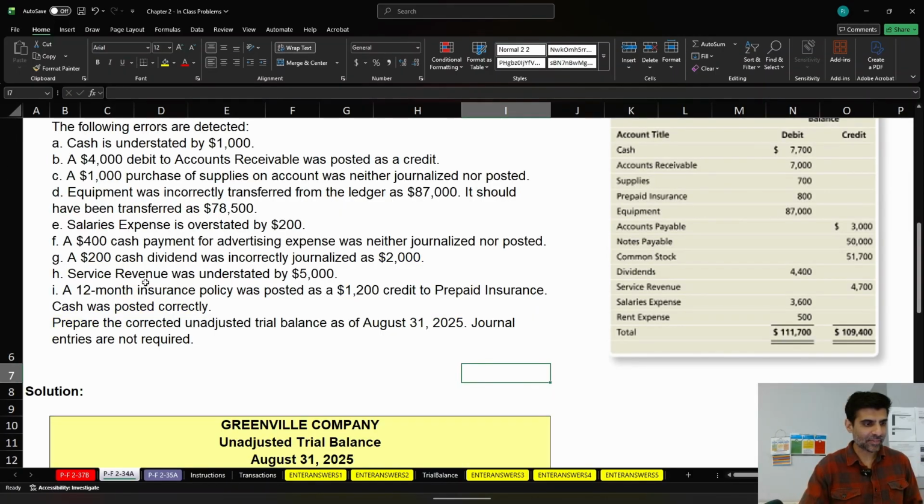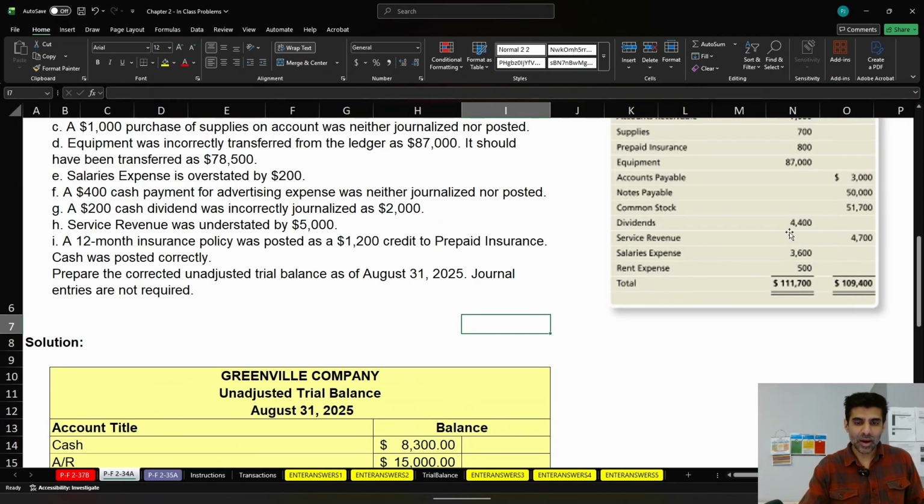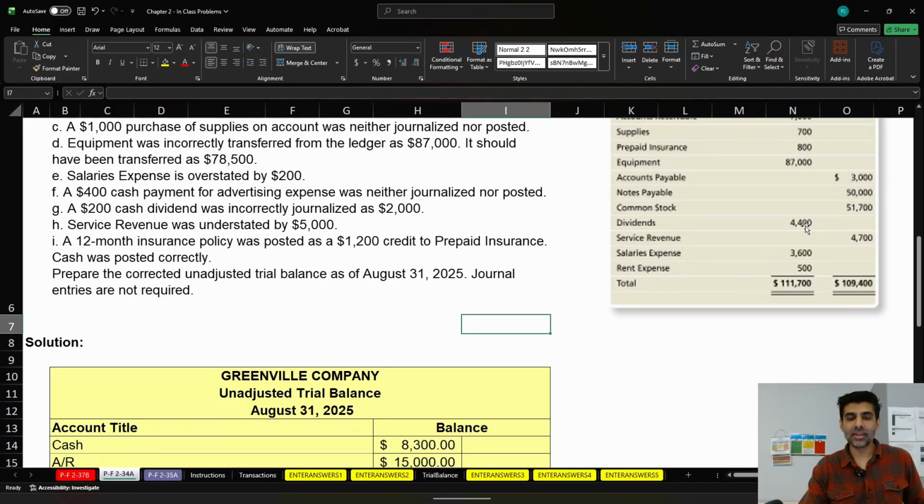I think we're on these last G, H, and I. Okay. A $200 cash dividend was incorrectly journalized as 2,000. So that means that the dividend balance 4,400 is wrong and the cash balance is wrong. Is the dividend 4,400 overstated or understated? There's too much dividends in there, right?